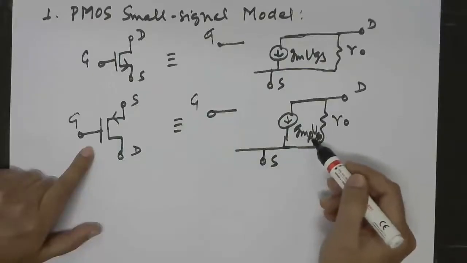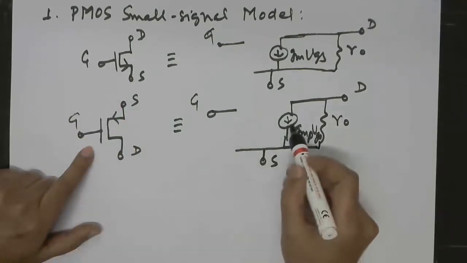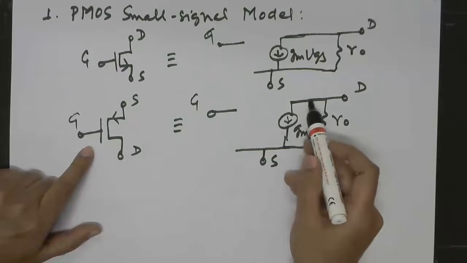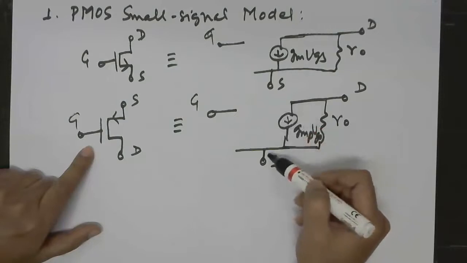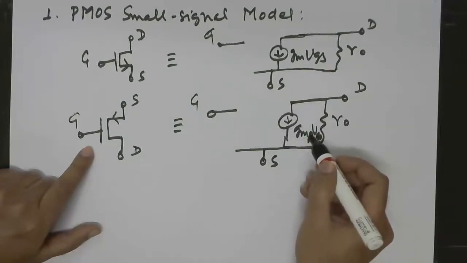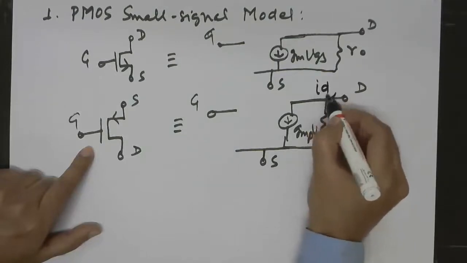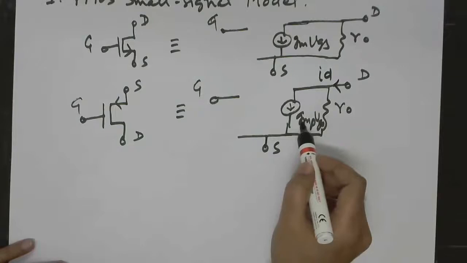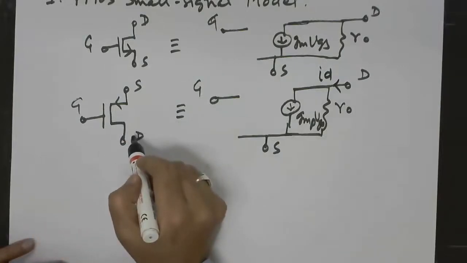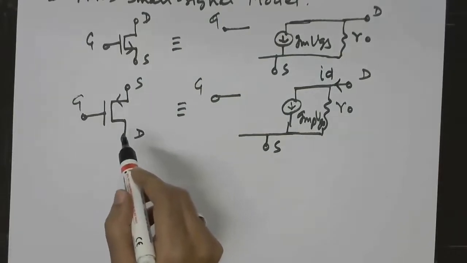So keep in mind here that for both NMOS and PMOS, the dependent current source is of course between drain and source, that is very clear, but the direction is also from drain to source all the time. That means the dependent current source produces a current which flows from drain towards the source. So now we have to convince ourselves that this direction will indeed give rise to the correct picture of the current that flows between source and drain for the PMOS.